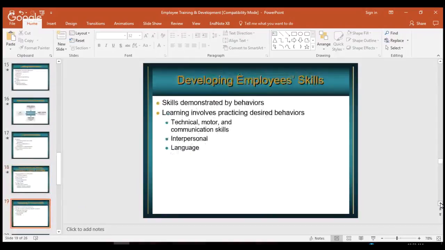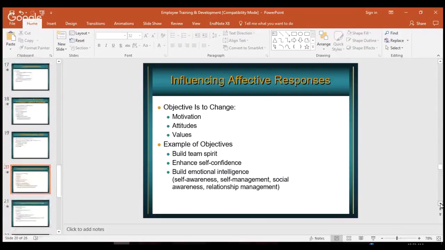So developing employee skills, we're looking again at technical motor skills, communication skills, and personal language. And then influencing our effective responses, as the objectives change your motivation, impact positively so, of course, the motivation to positively influence the attitudes, build a value system.